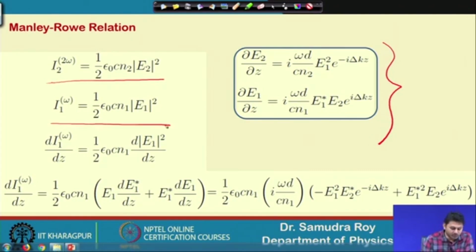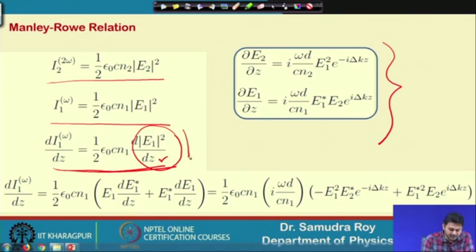Next, we take a derivative with respect to z of I2. Half epsilon 0 c n1 are all constants, so the derivative will only be over this mod of E1 squared, because E1 is a function of z.